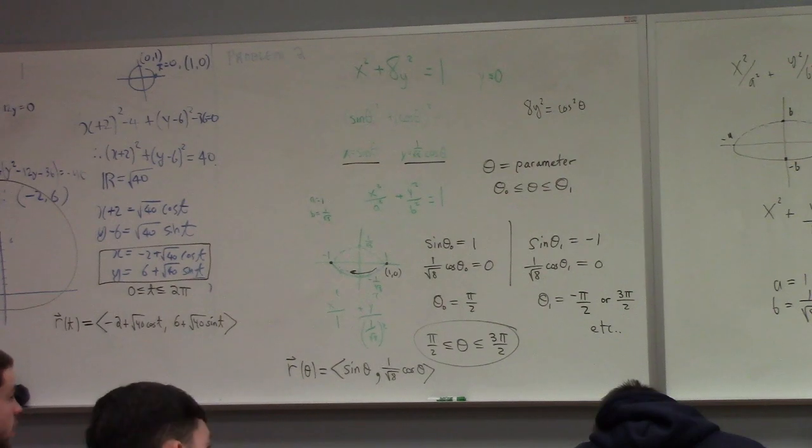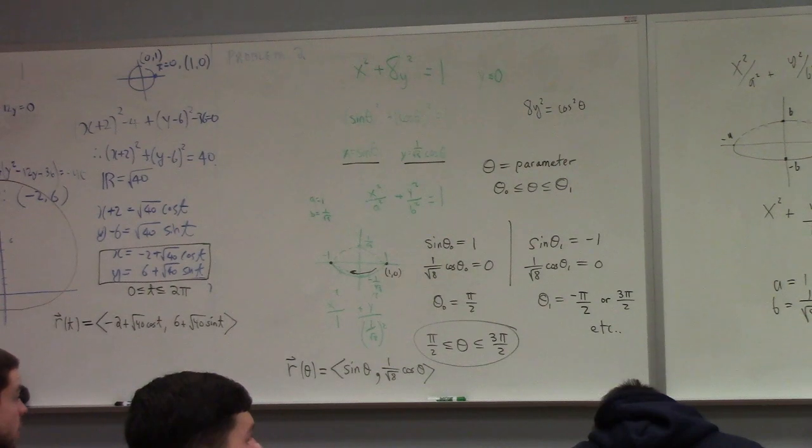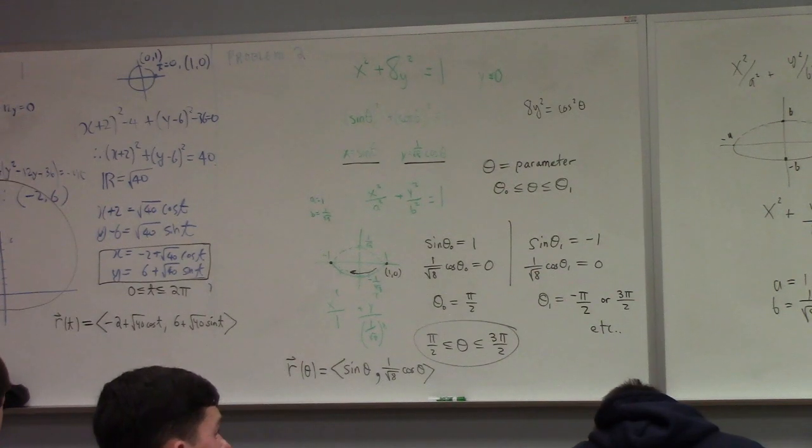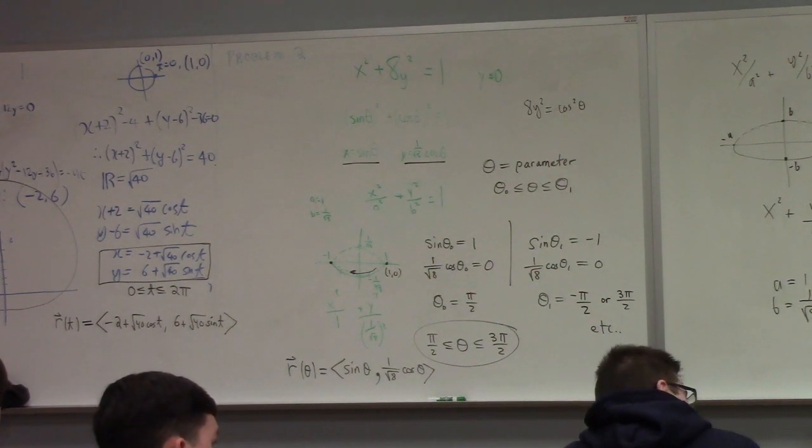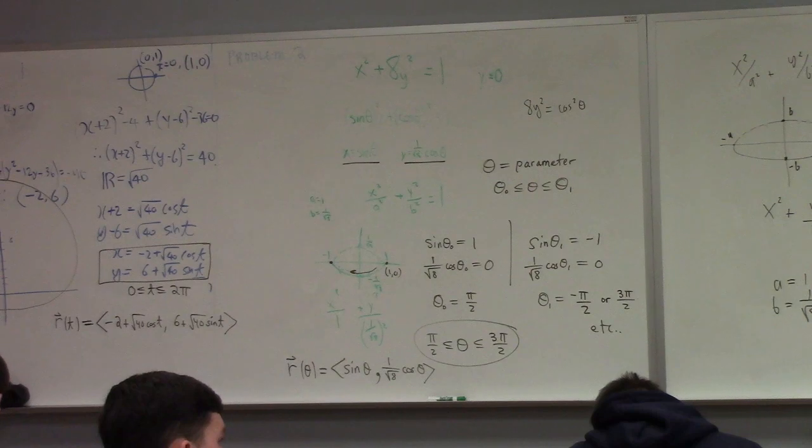So you got x equals 4 plus cosh, and y is equal to, oh, okay. Now, can we check if they're right? Let me write it down, guys. They said x is equal to 4 plus 4 cosh t, and y is equal to 4 sinh t, right?